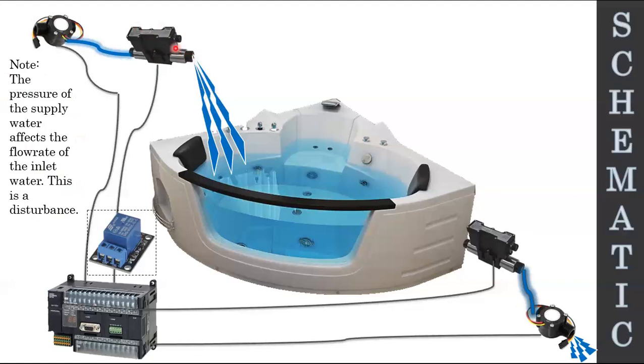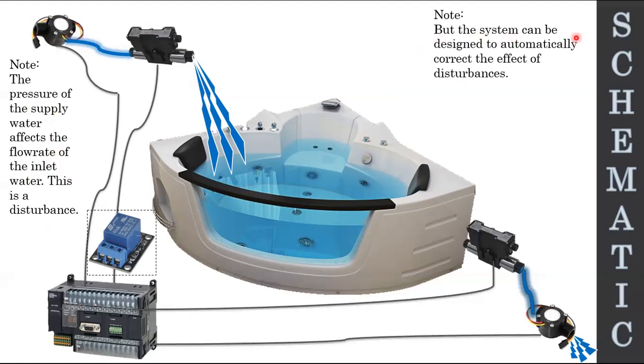But take note that aside from the setting of the opening, kusang nagbabago rin ang flow rate ayon sa pressure ng supply water. Pero sa assumption natin kanina, nag-assume na tayo na hindi ito nagbabago dahil that change is a disturbance.